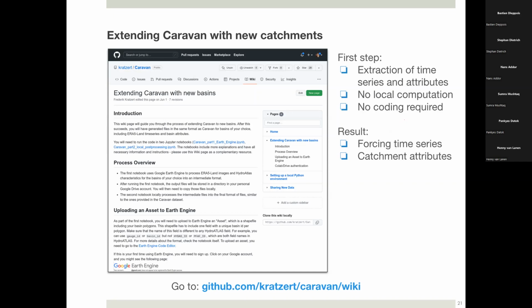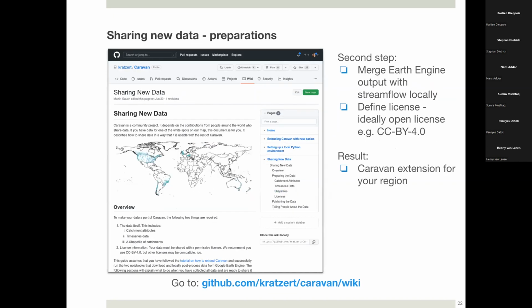So this was the first step. The second step is all about merging the data that you've just extracted from Earth Engine with streamflow. This involves downloading the data from Earth Engine and merging it with your streamflow data that you have locally on your computer.